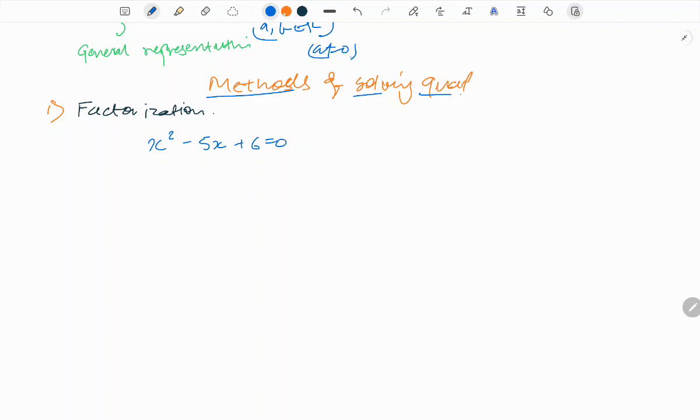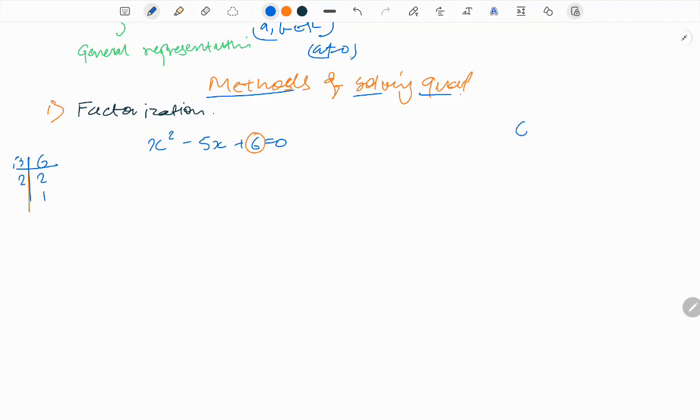Now here we see this constant term and we find two factors. So now let us factorize 6 first. 6 is 3 twos and 2 threes.